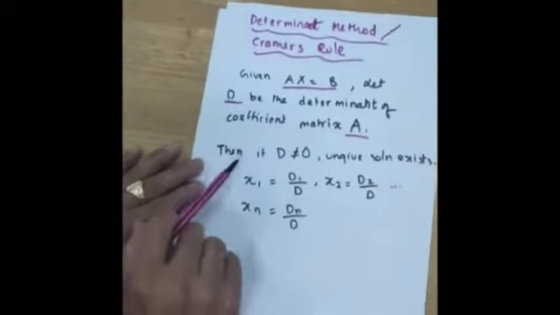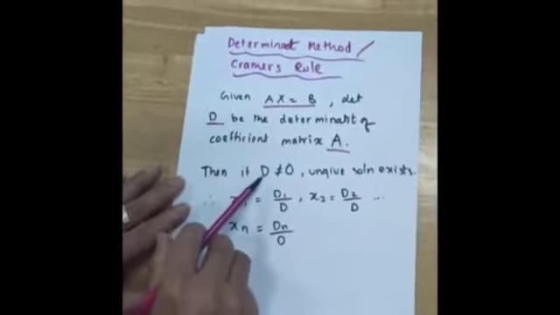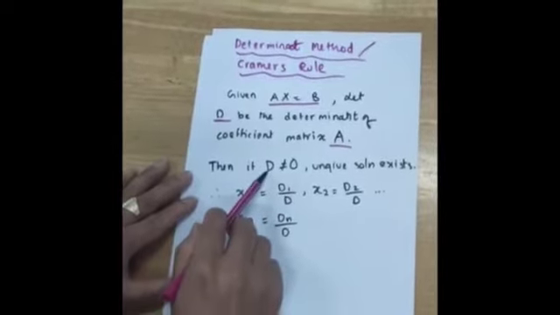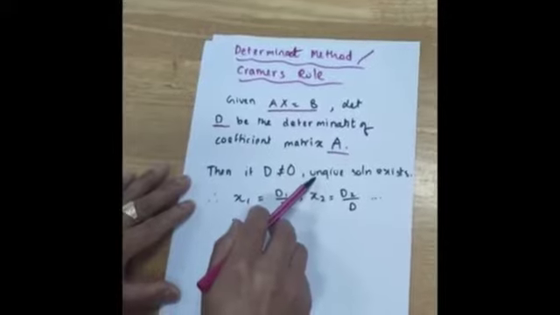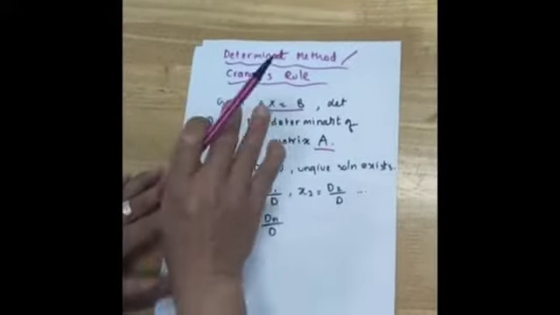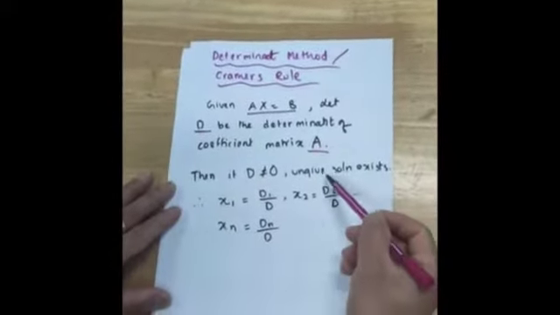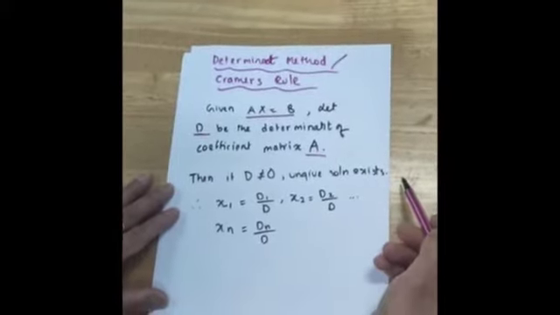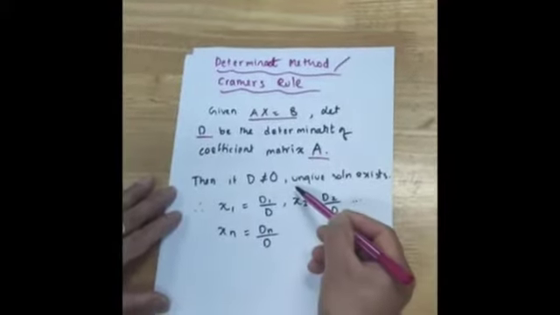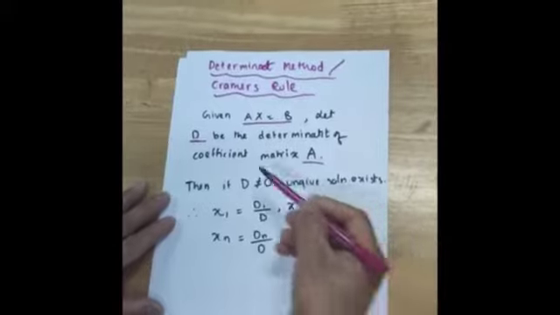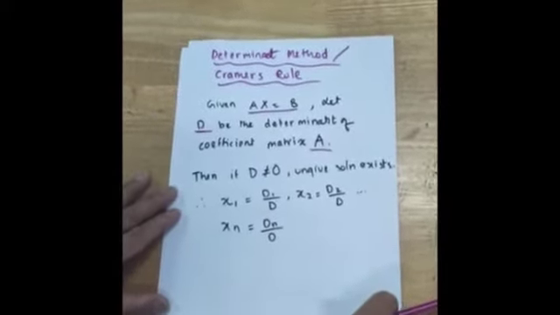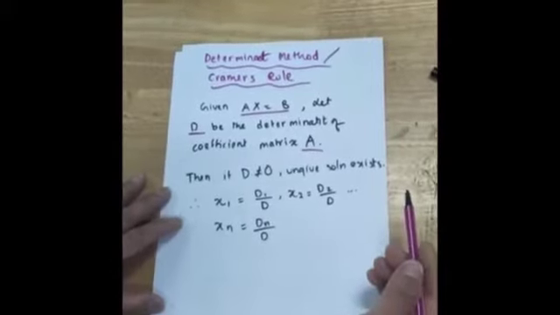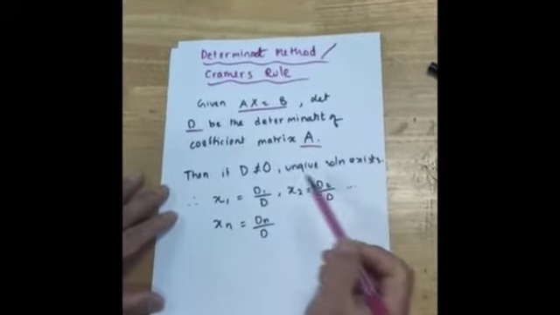If you find that the determinant of the coefficient matrix A is not equal to 0, then we can say that the system of linear equations has a unique solution. If a unique solution exists, then we can find the solutions for the variables involved.